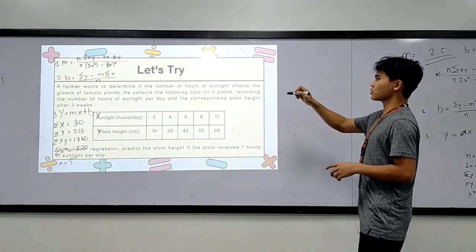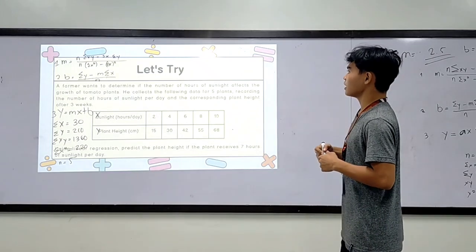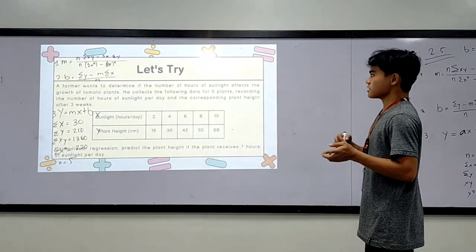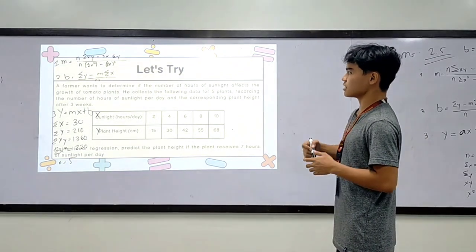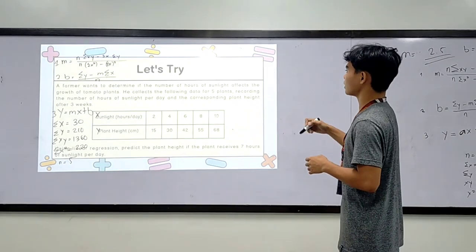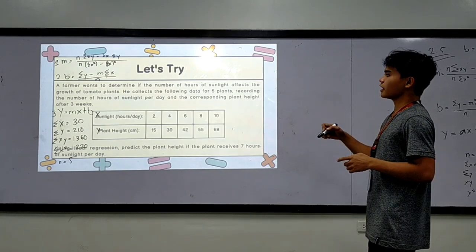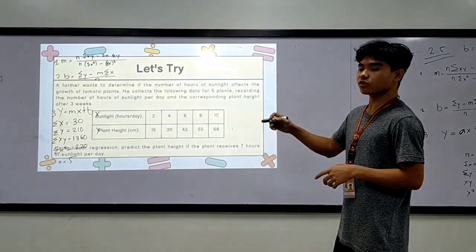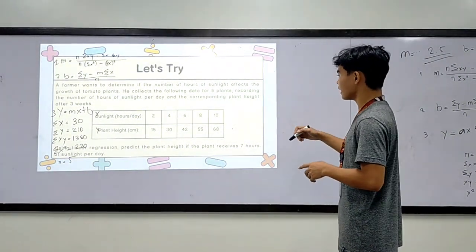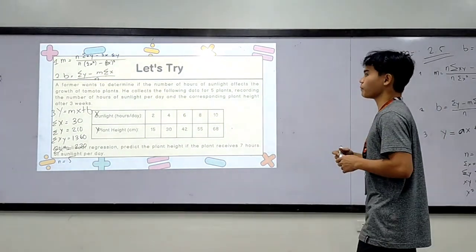Let's try to solve problem number 2. A farmer wants to determine if the number of hours of sunlight affects the growth of tomato plants. He collected the following data for 5 plants, recording the number of hours of sunlight per day and the corresponding plant height per week. Using linear regression, predict the plant height if the plant received 7 hours of sunlight per day.